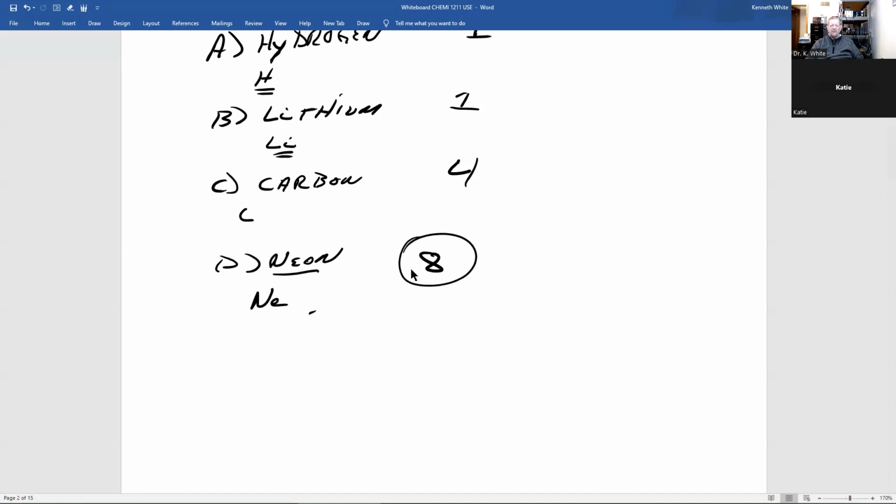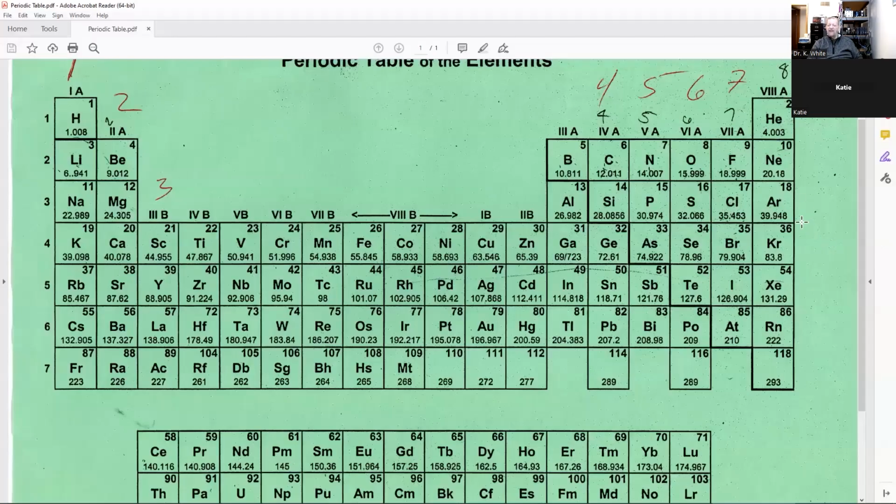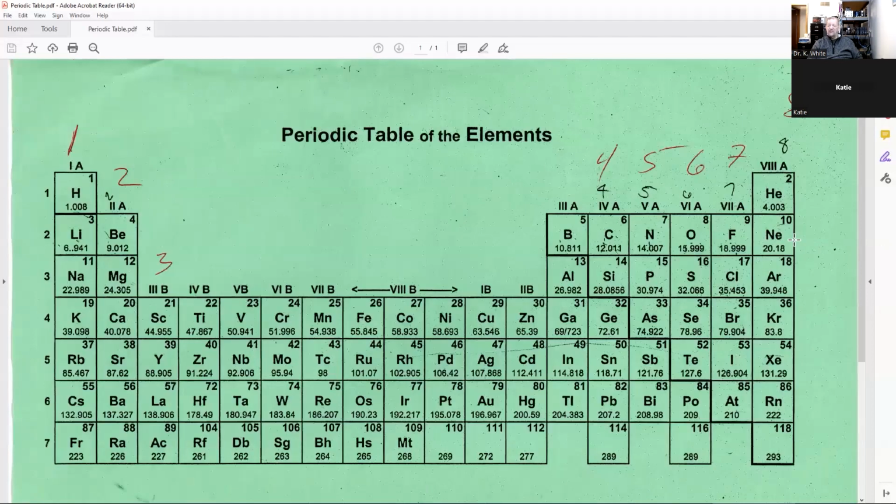Remember, the maximum amount of valence electrons is 8, and that's what the noble gases have. And remember, every element in a column has the same number of valence electrons. If neon has 8 valence electrons, Ar, argon, guess what?